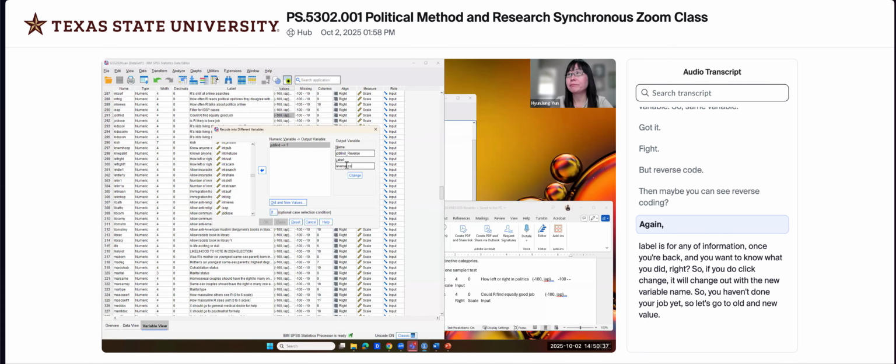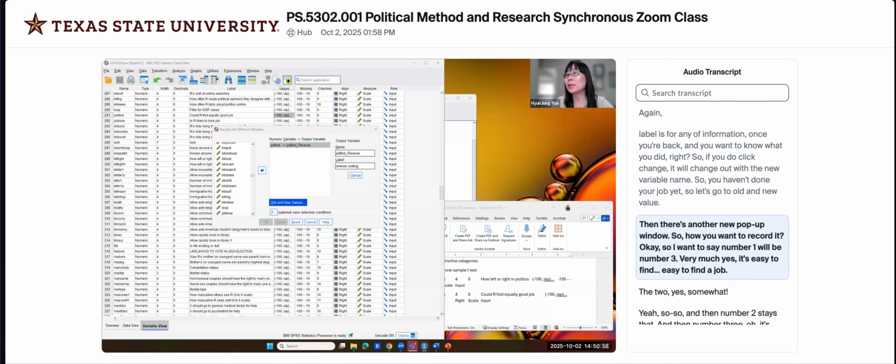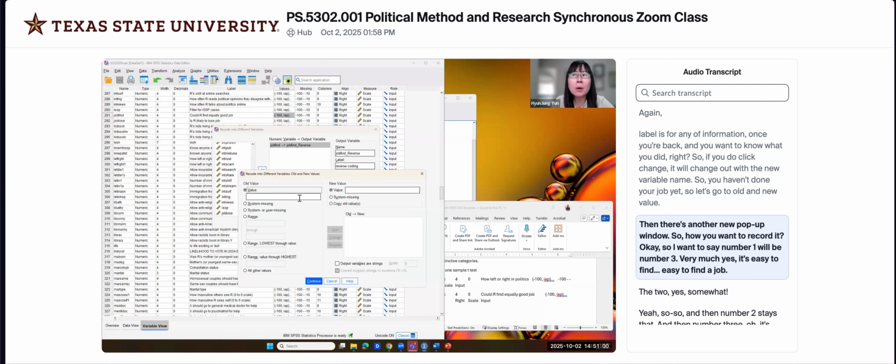Again, the label is for any information, so once you're back you know what you did, right? If you click change, it will replace with the new variable name. So you haven't done your job yet. Let's go to old and new values. Then there's another pop-up window. How do you want to recode it?